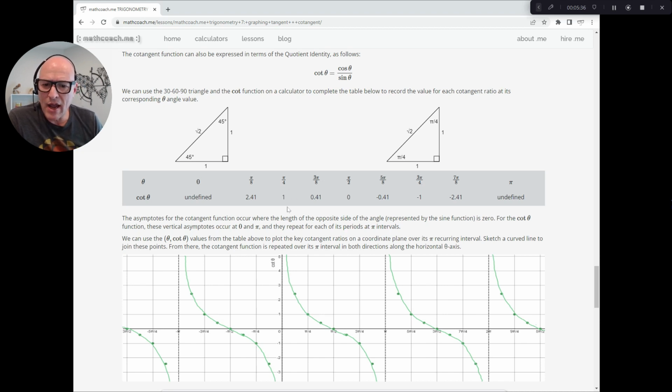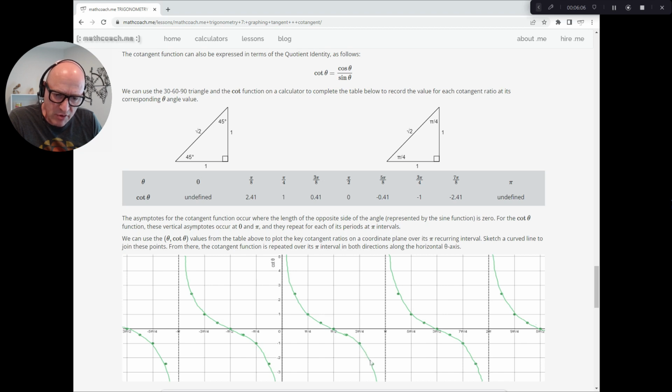At pi over 4, at 45 degrees, the cotangent is adjacent over opposite. It's equal to 1, so you're going to plot that point. And at 135 degrees, it's going to be negative 1. So you plot that point. And with just those points, this point, and at pi over 2, 0, and at 3 pi over 4, negative 1, you can start to draw the shape of your curve.